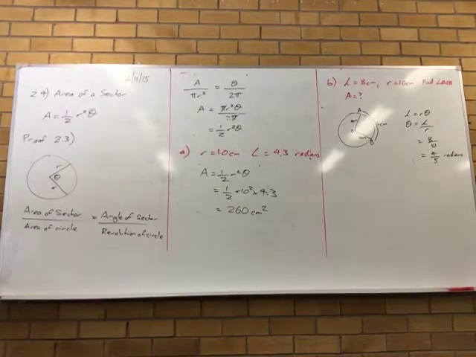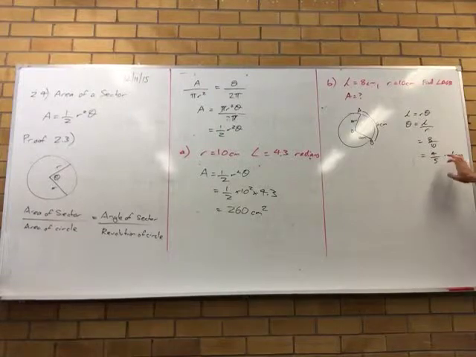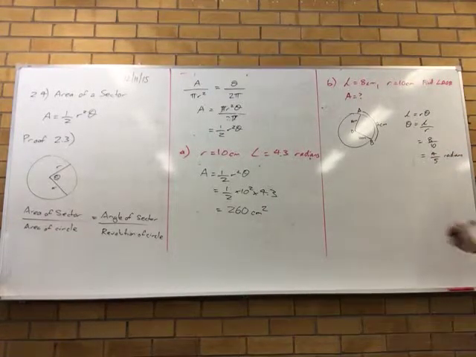Now we need to find the area of that sector. Now that we have the angle made at the centre and we know the radius, we can find the area.